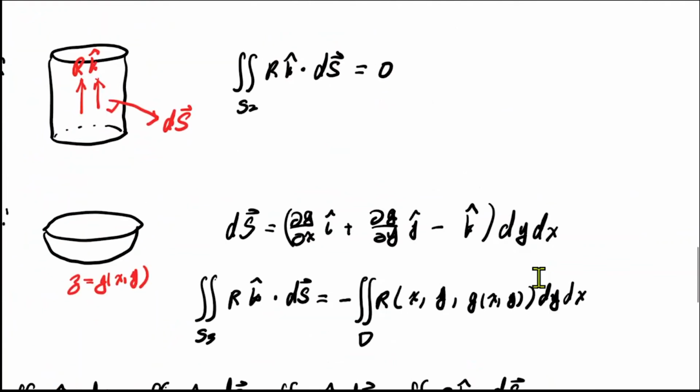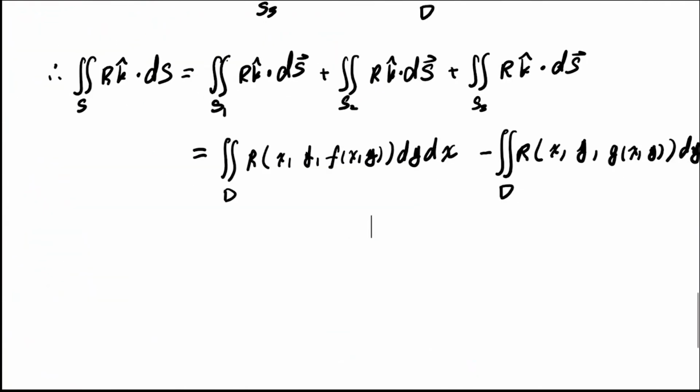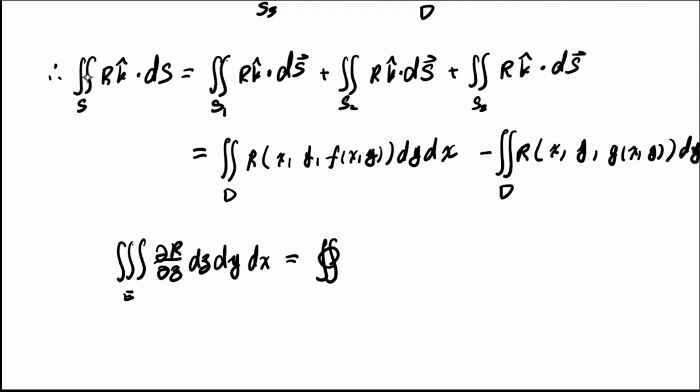So therefore, we can conclude our triple integral over the region E of partial R over partial z, dz dy dx, is equal to exactly the same thing as the double integral over S, forgot that circle thingy there, of R k dot dS. And this is part 3 of this statement.